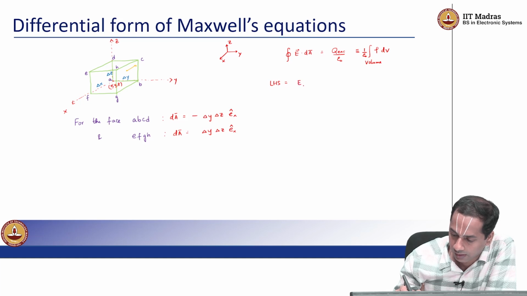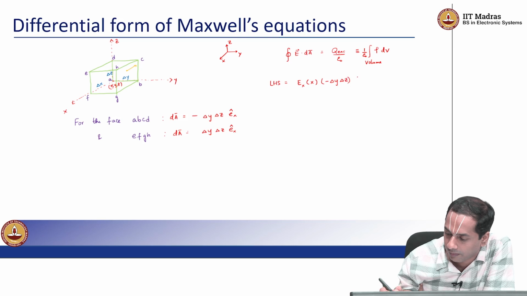So I have Ex at x times minus delta y delta z, plus Ex at x plus delta x times delta y delta z.